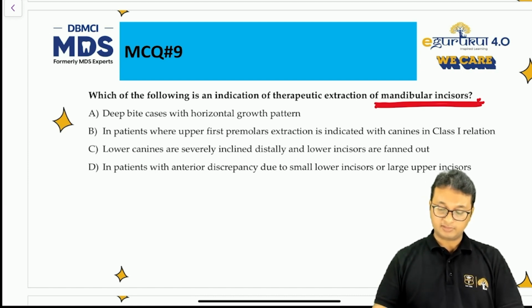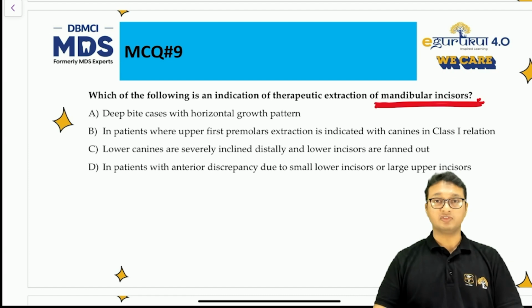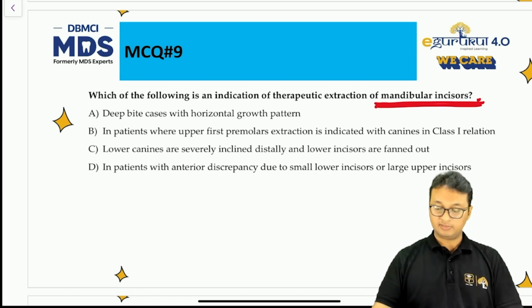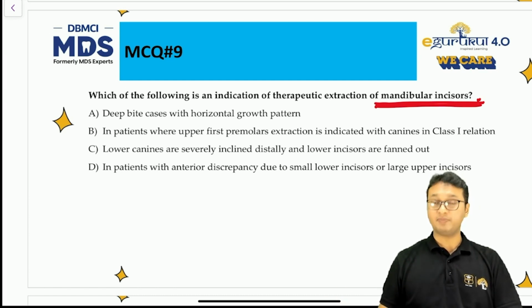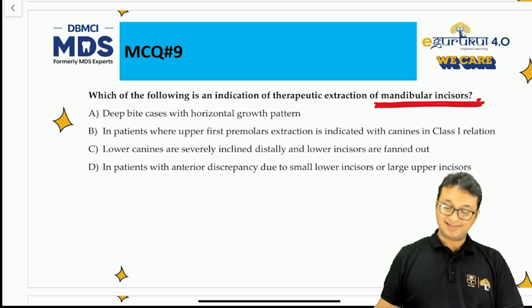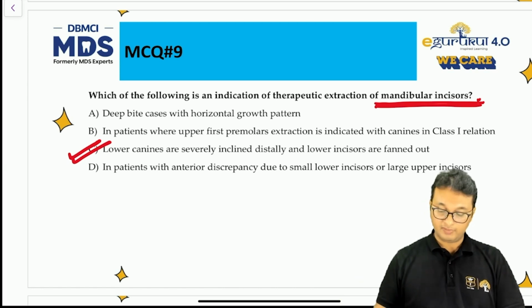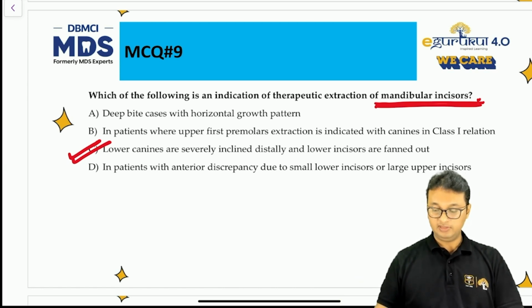Options are: deep bite cases with horizontal growth pattern; patients where upper first premolar extraction is indicated with canines in class 1 relationship, lower canines severely inclined distally and lower incisors fanned out; and patients with anterior discrepancy due to small lower incisors or large upper incisors. Out of the 4 options, clinically, option C seems to be the correct answer, where lower canines are severely inclined distally and lower incisors are fanned out.